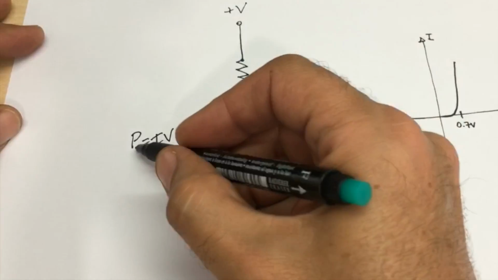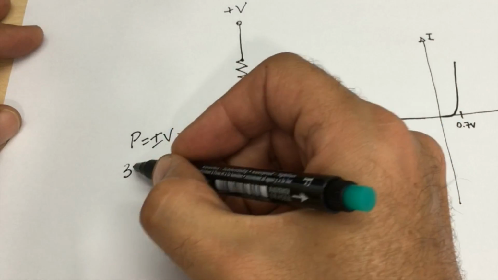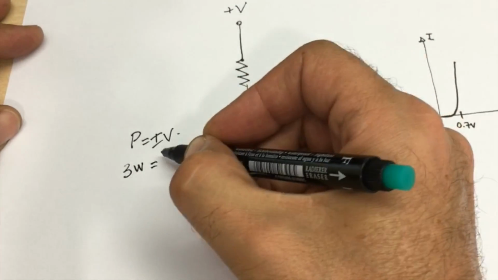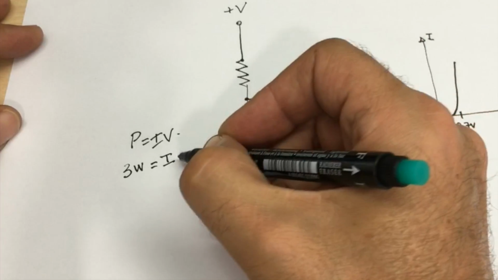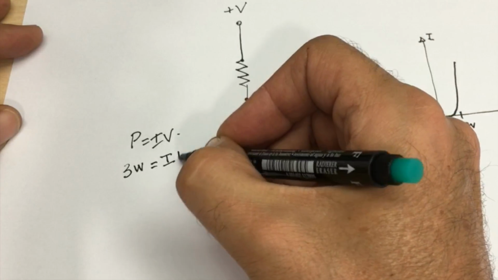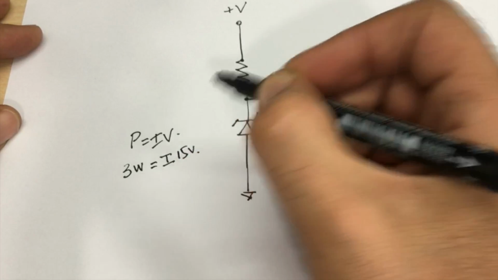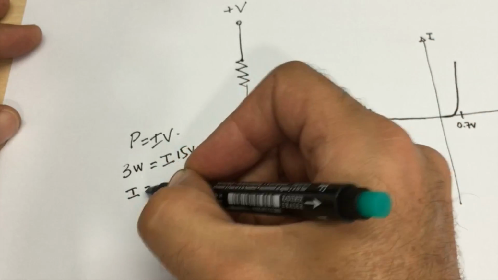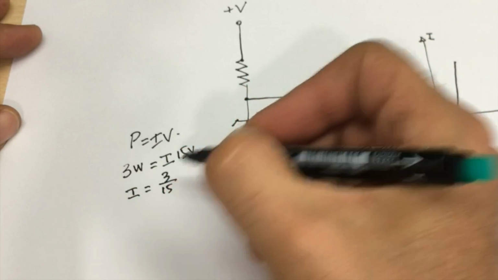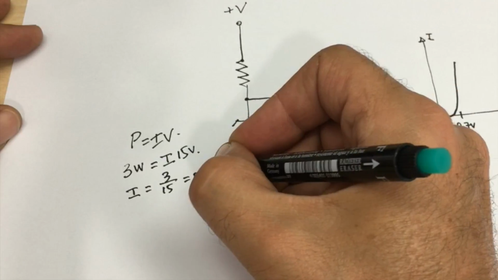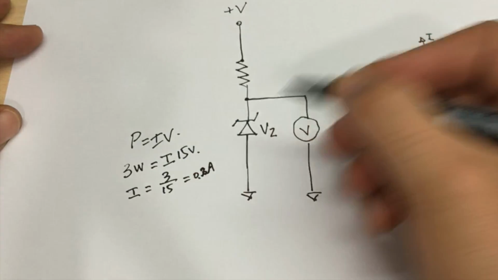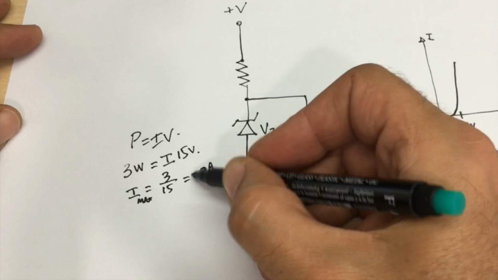If you've got the power rating, let's call that a 3 watt diode, and you've got unknown current, and if you happen to have a 15 volt diode, then your current equals 3 divided by 15, which equals 1/5, 0.2 amps. That's your I max.